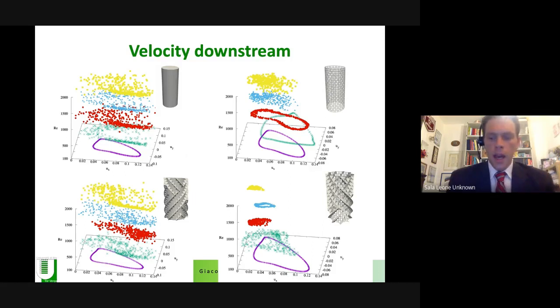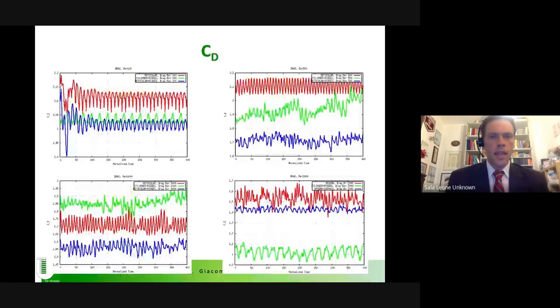Looking at the only quantitative analysis that is reliable, the drag coefficient, we have not reported the cylinder here for the sake of clarity, since its drag coefficient is known by the book.